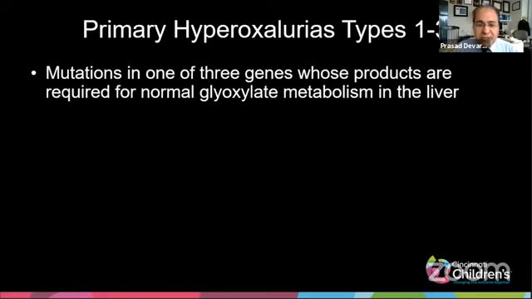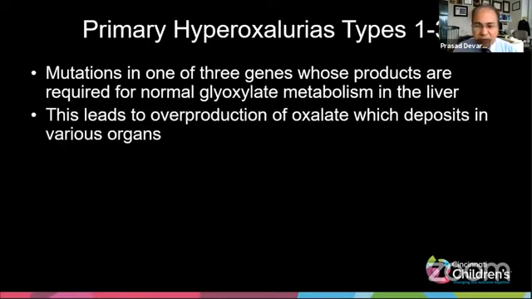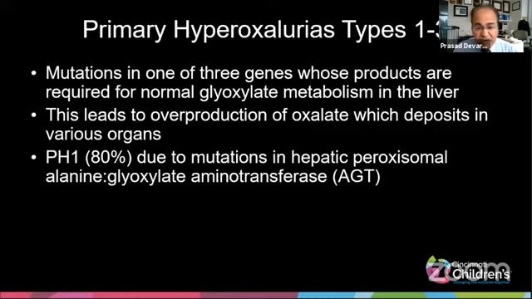The liver is not able to normally metabolize glyoxylate because of a single gene defect. The 2,000 other genes in the liver are absolutely fine, but that one gene defect leads to overproduction of oxalate. And that oxalate gets deposited in various organs, including the kidney, but also other organs.